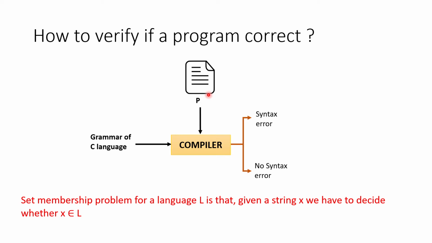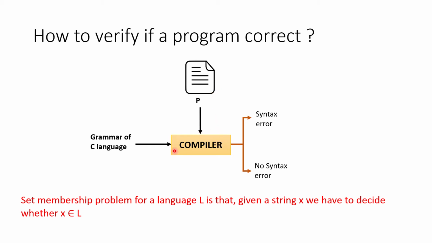In a similar way, if there is anything missing in the program, that means the string present here will be wrong, because with any combination of the production rules of the C language, it will not be possible to derive that particular string.